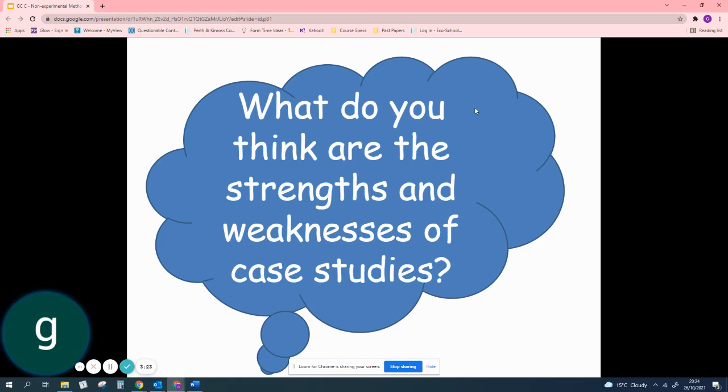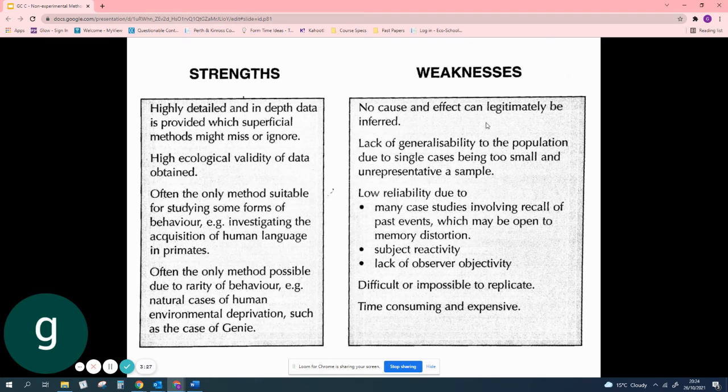So you could stop the video and think about the strengths and the weaknesses of a case study design. Some of the strengths would be that you get highly detailed and in-depth data that is useful, and good ecological validity. Because you are not manipulating a lot of the variables, you're gathering quite real data, which has high ecological validity.